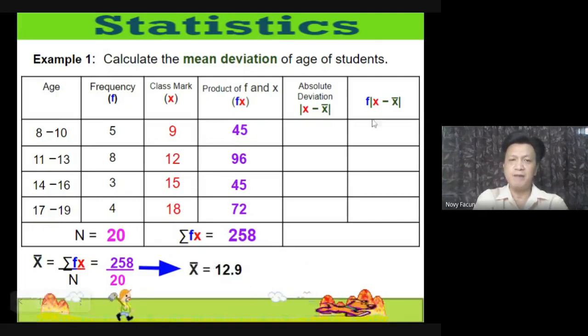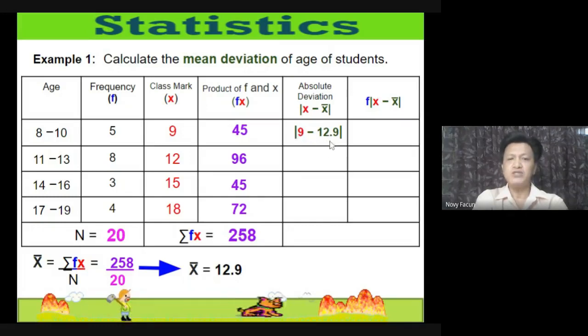Ibig sabihin yan, para makuha natin yung nasa 5th column, isosubtract natin yung mean natin na 12.9 sa bawat class mark natin. Kaya nga that is 9 minus 12.9, meaning to say naka-absolute deviation siya. Meaning to say the answer is always positive. Meaning to say take the positive sign of the difference.